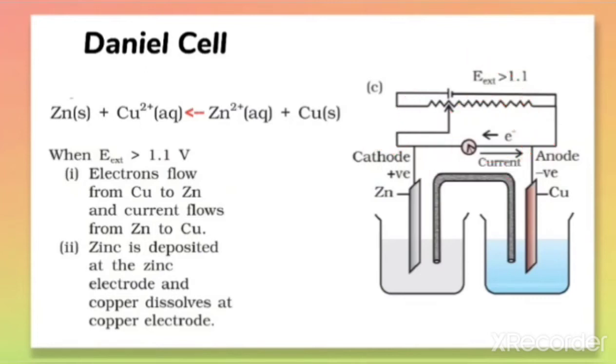And here the zinc is deposited now. The zinc starts to deposit at the zinc electrode and the copper dissolves at the copper electrode. So what we can conclude is that when the external potential is greater than 1.1 volt, the reaction gets reversed and the whole process gets reversed.